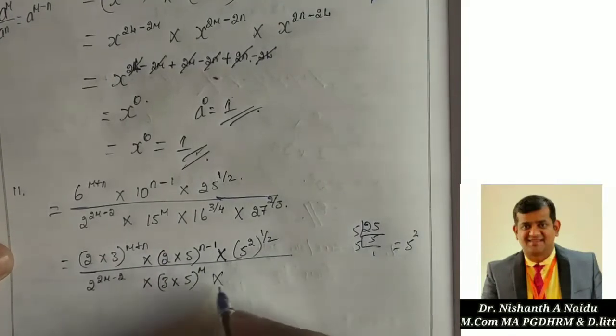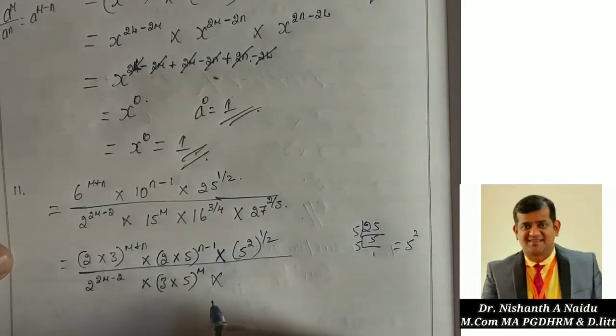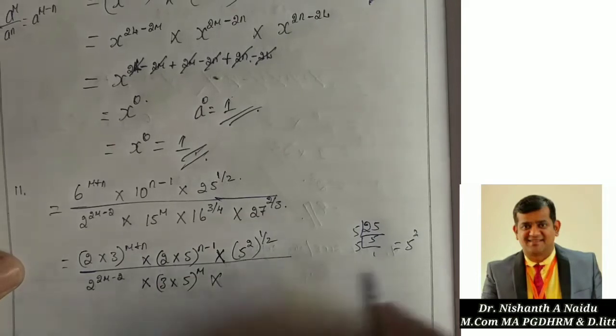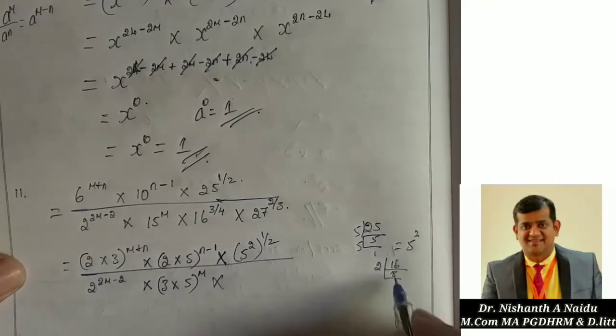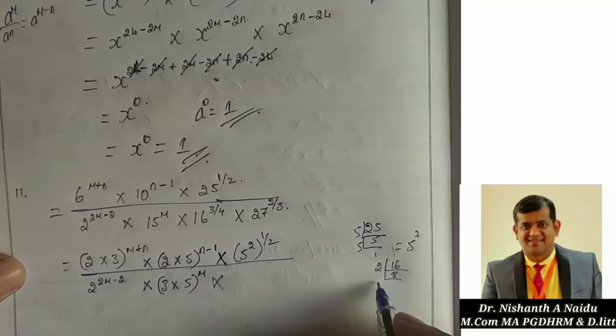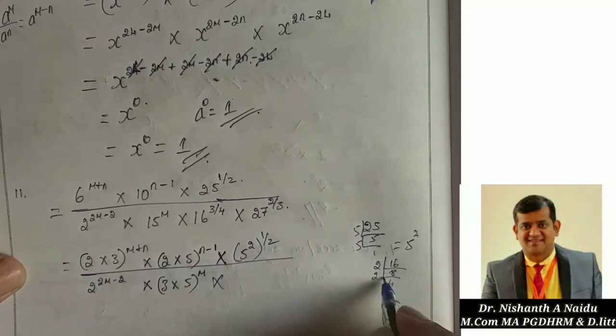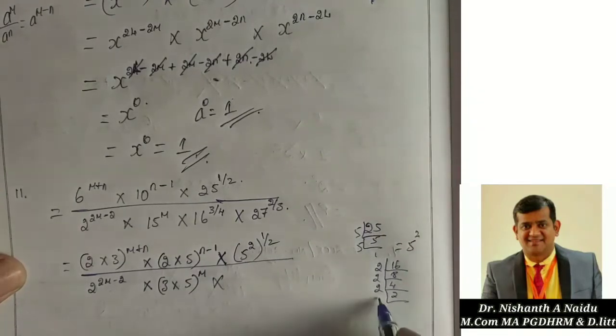Into here, 16 he has given. So for 16, 2 into table you are going to get: 2 1s are 2, 2 2s are 4, 2 4s are 8, 2 8s are 16.